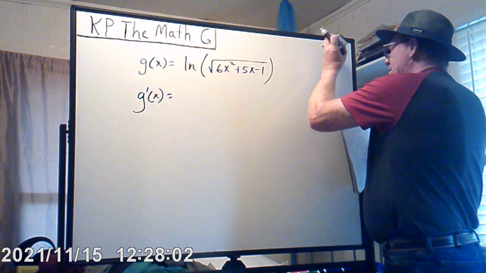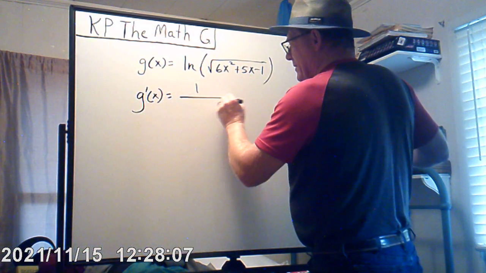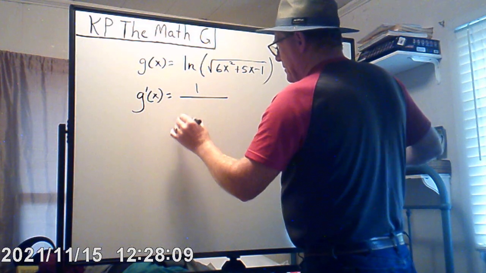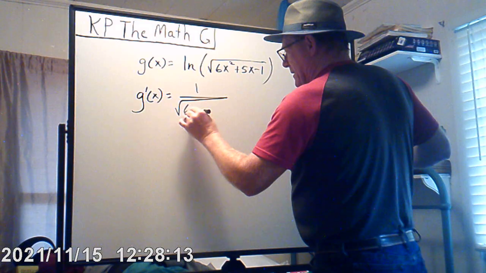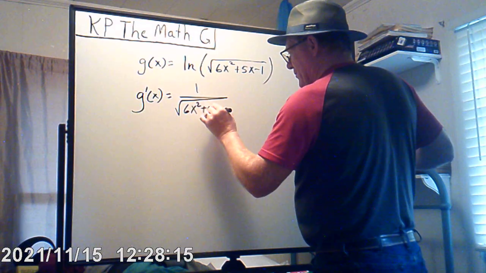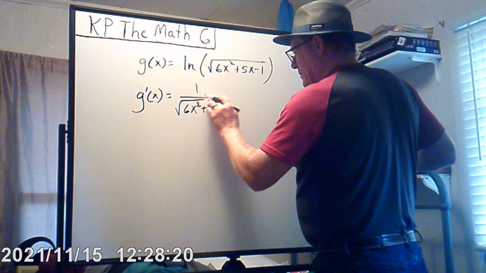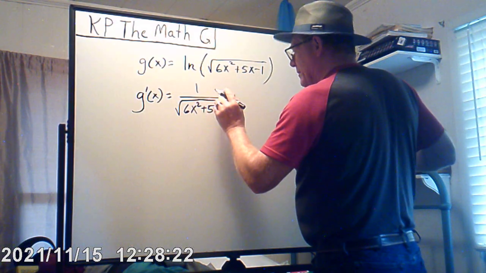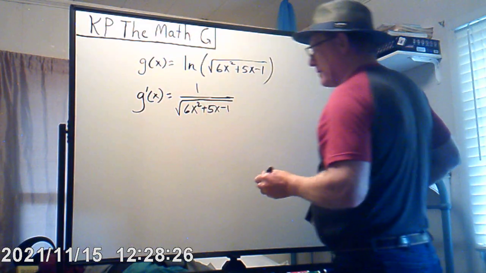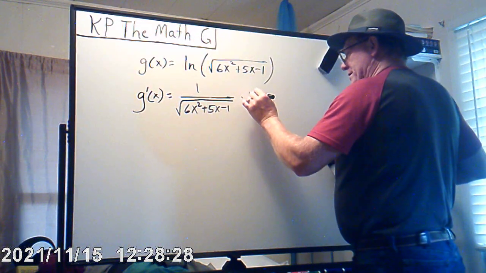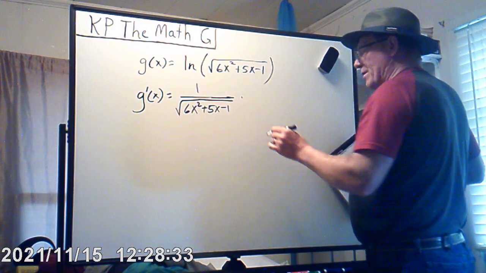The first thing you want to do with ln is make it 1 over that without the ln symbol. 1 over the square root of 6x squared plus 5x minus 1. That's the square root symbol there, all the way across. Okay, it looks a little better. But now I want the derivative of all of this.